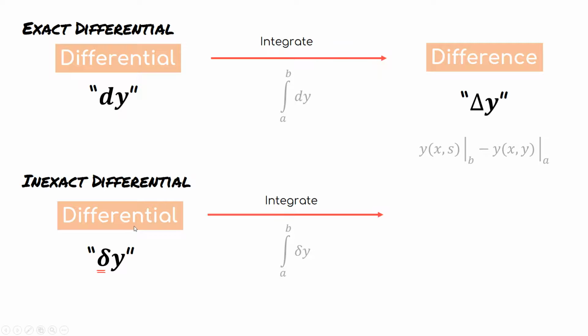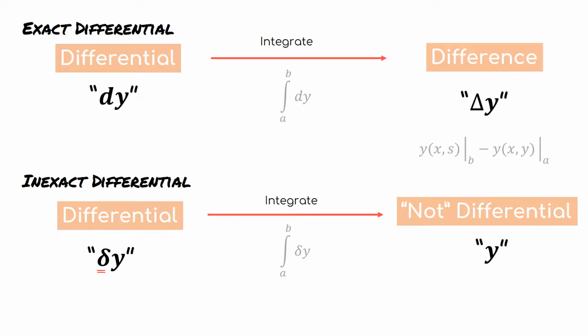You can of course integrate this differential from a to b, no problem at all. But the thing you get after the integration is not the difference. It's just something else that is not a difference. So you have a differential, you integrate it, and you get something that is not a difference. It's just silly like that.